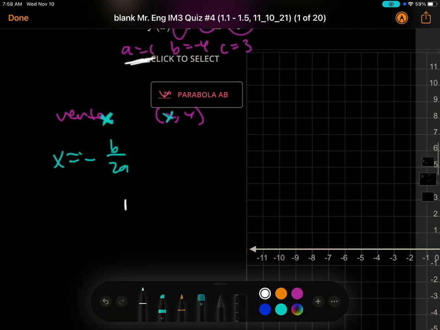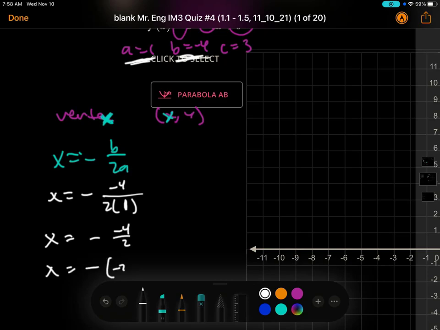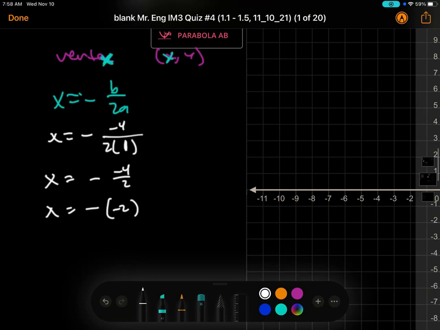So my a is 1. My b is negative 4. Put those in parentheses to simplify. So I have x equals negative negative 4 over 2. So that means you have x equals 2.